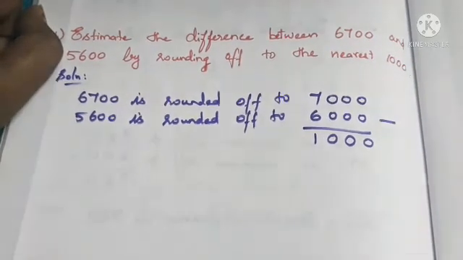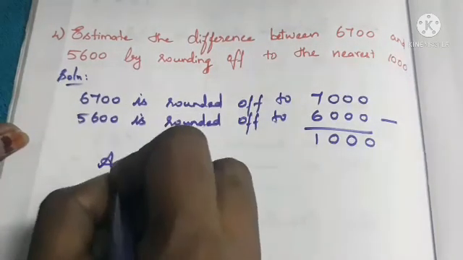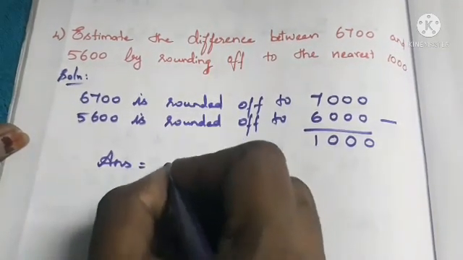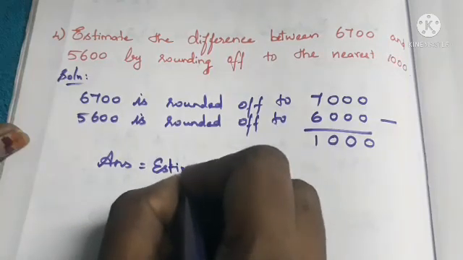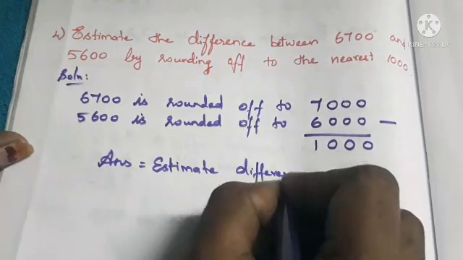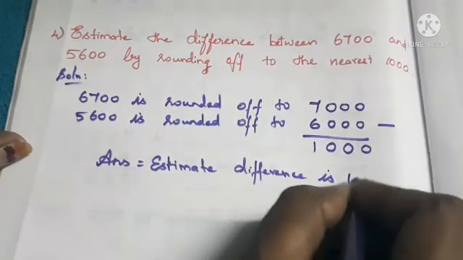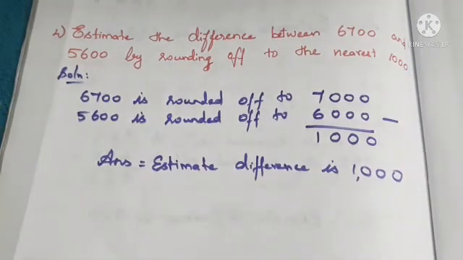So the estimated difference is what, ma? 1000. We can write: answer, estimated difference is 1000. Understood?